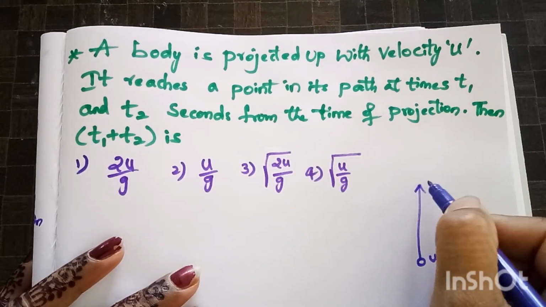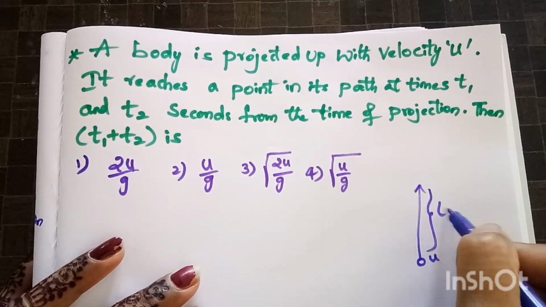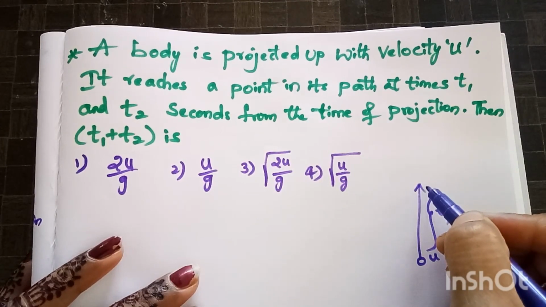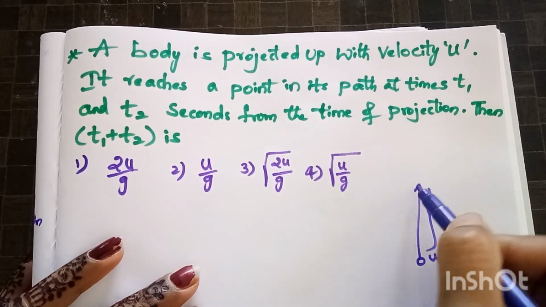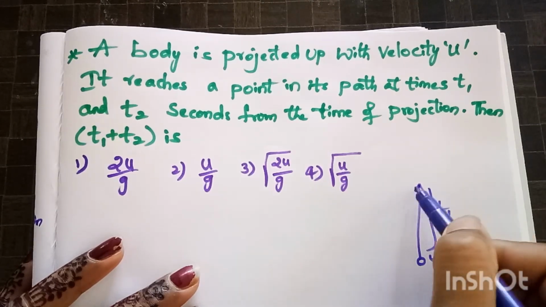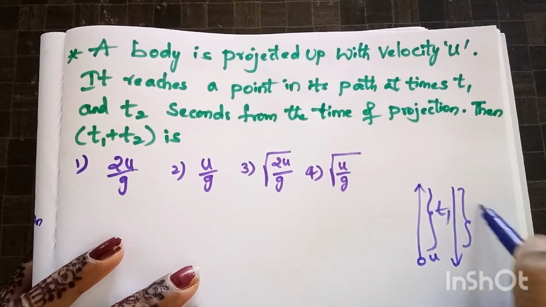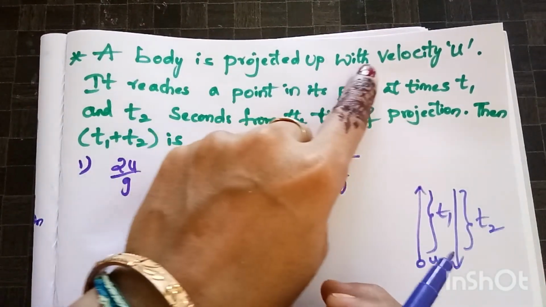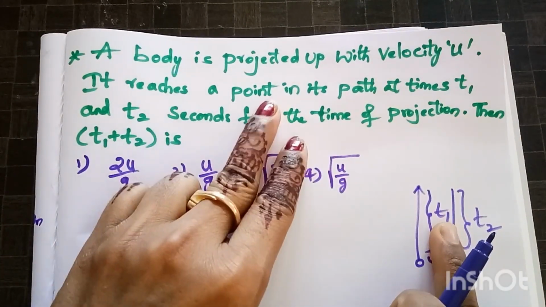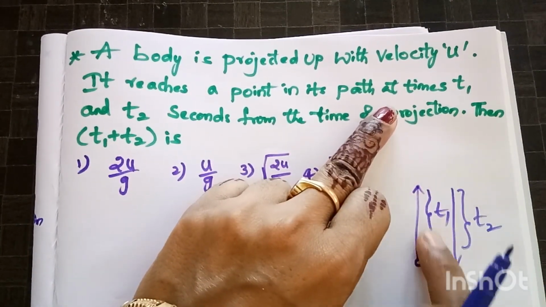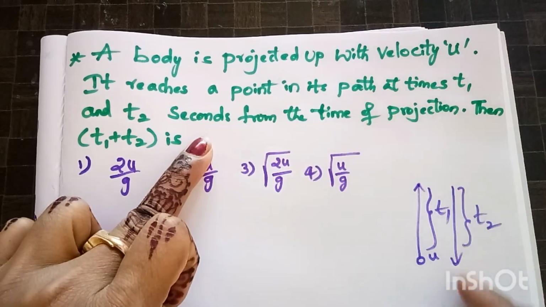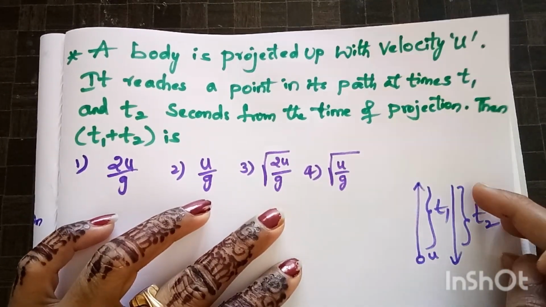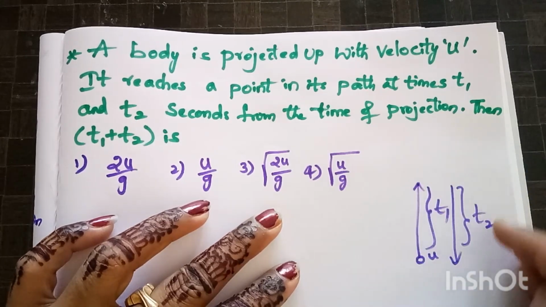Suppose it reaches the maximum height at time t1, and t2 seconds from the time of projection, from this point it is coming in the downward direction in time t2. Then what is t1 plus t2? One will be the time to reach the particular point in the path, and another will be the time to reach the ground.